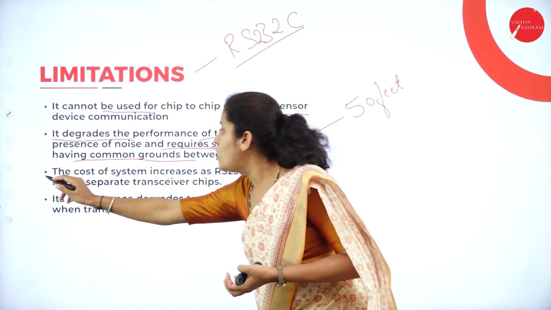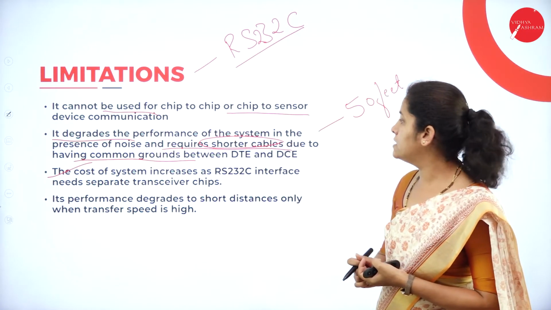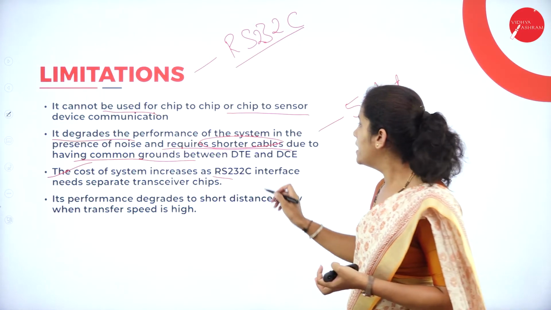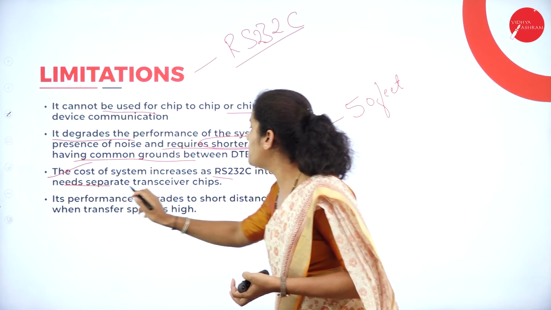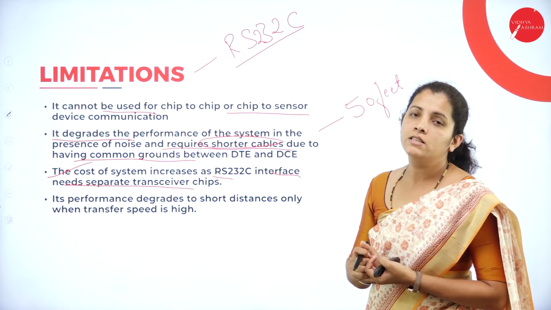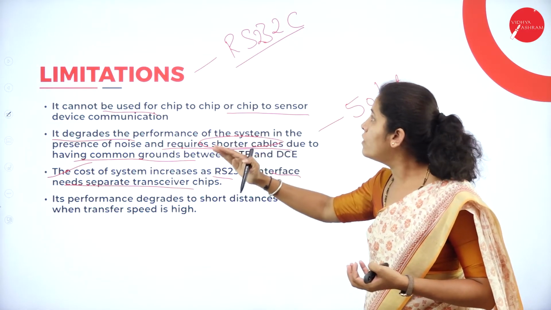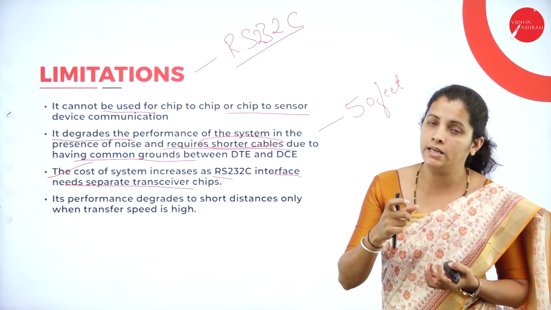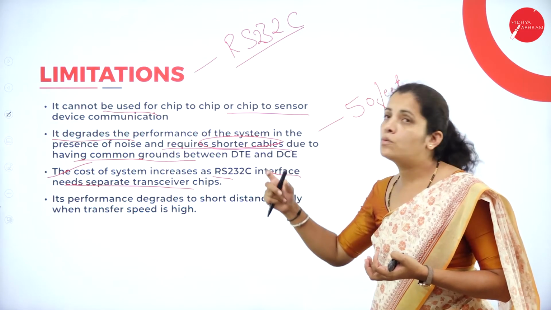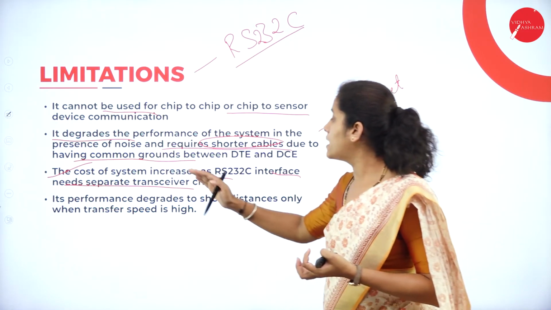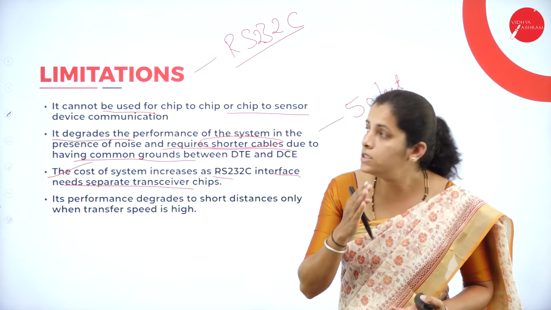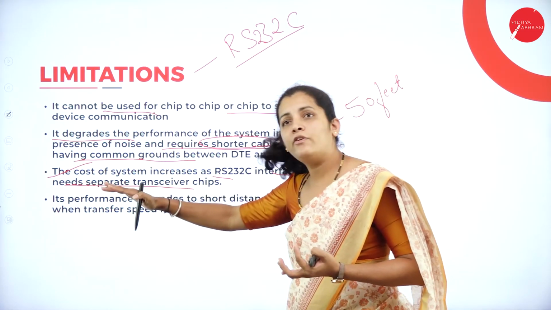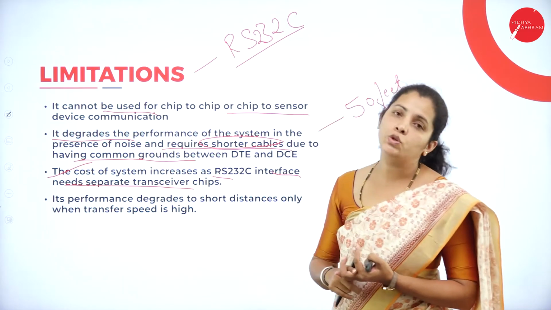Then the cost of the system increases as the RS-232C interface needs a separate transceiver chip. That means the cost of RS-232C is going to increase because it requires a separate transceiver chip. The last limitation is that its performance degrades over shorter distance.